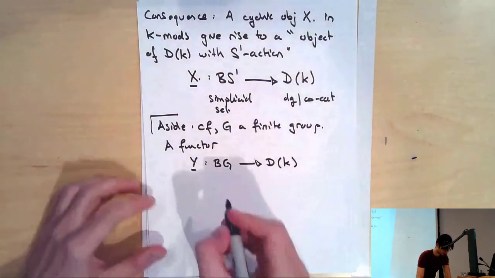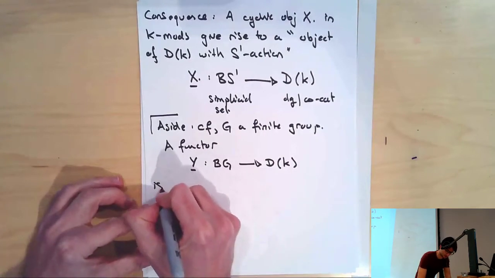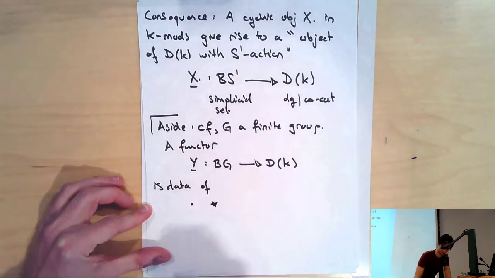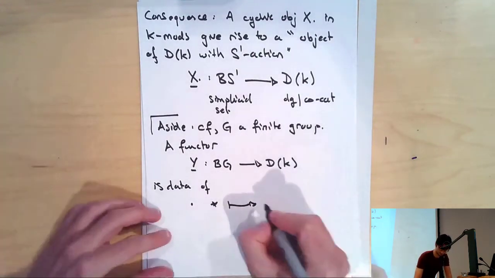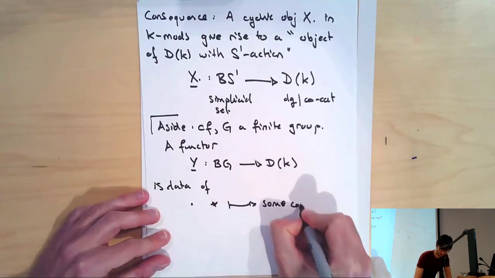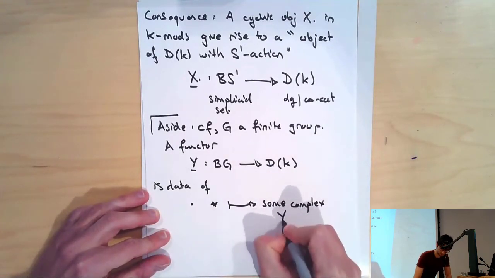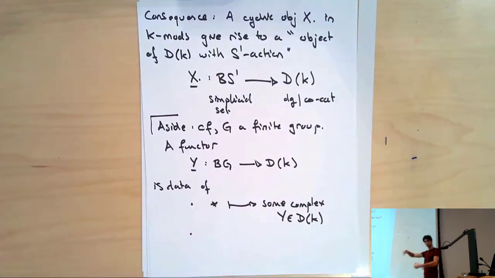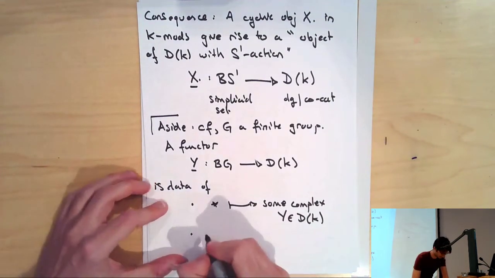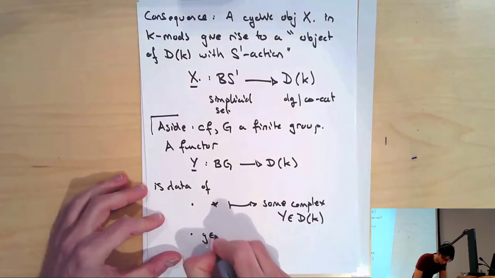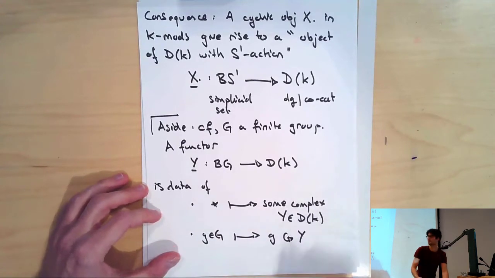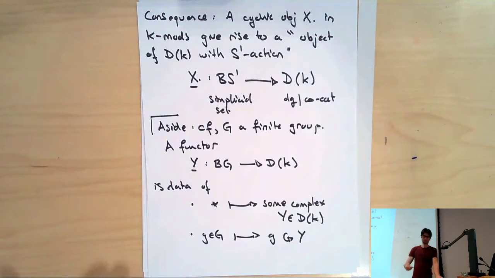So then the single object of this category, let me say this is the data. I've got to send the single object in BG to some complex. And then, as I say, in BG I have a morphism for each element of G. I've got to send this to some action of a little g on my complex y, and these have to be compatible with composition.